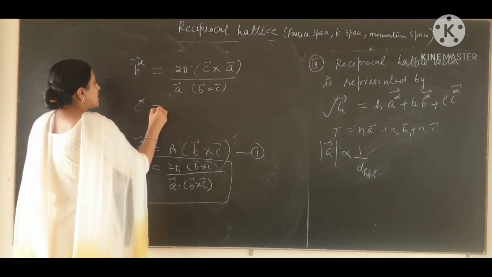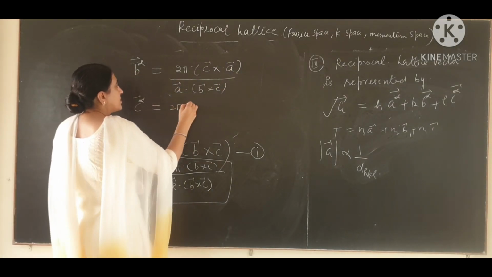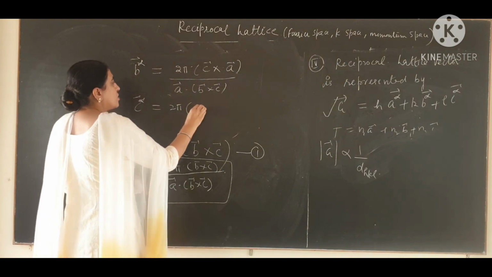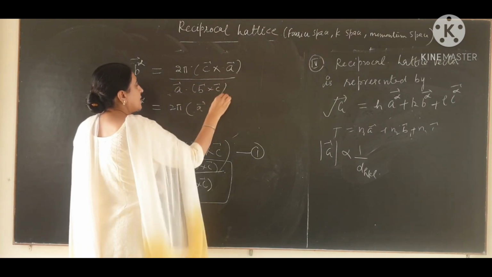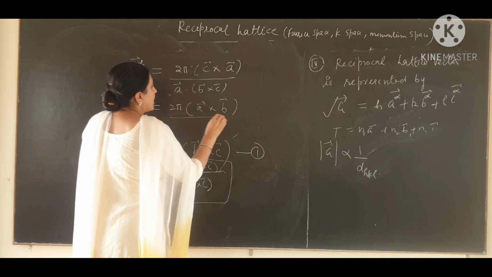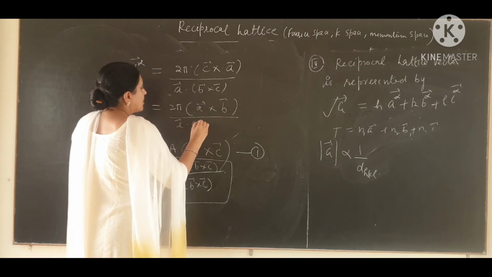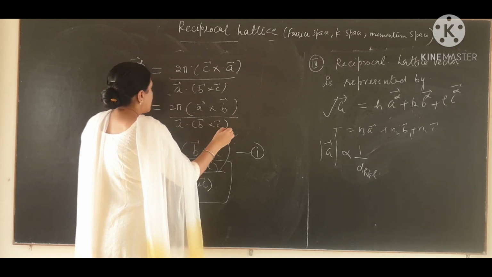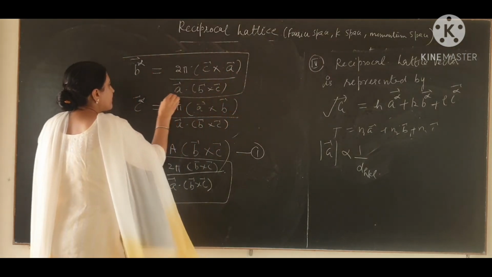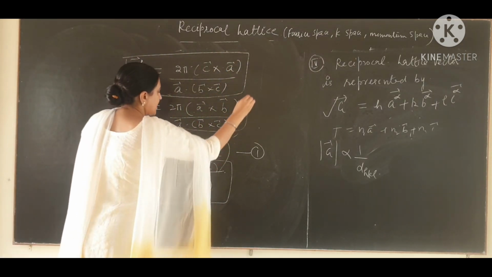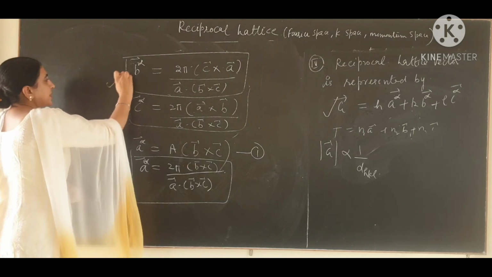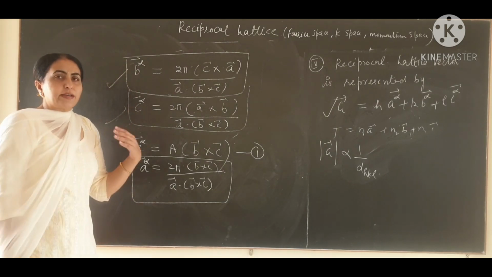C star is equal to 2 pi upon A dot B cross C, times A cross B. So these are the primitive translational vectors of the reciprocal lattice.